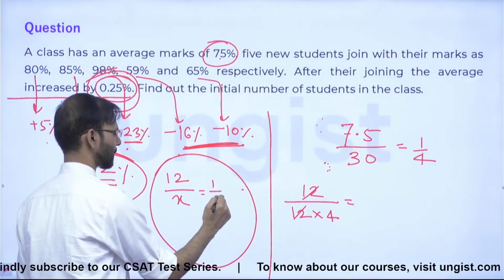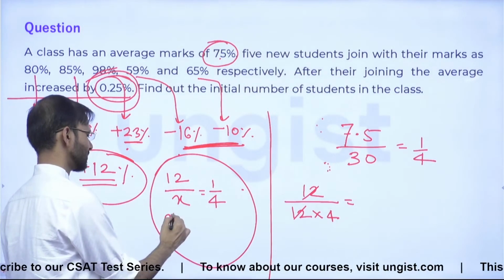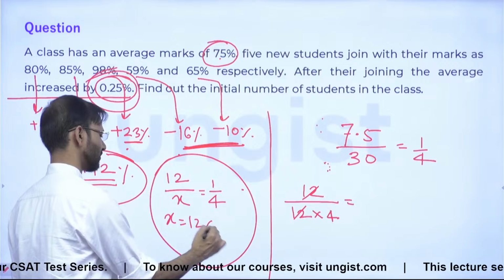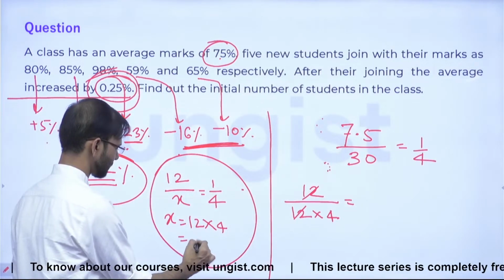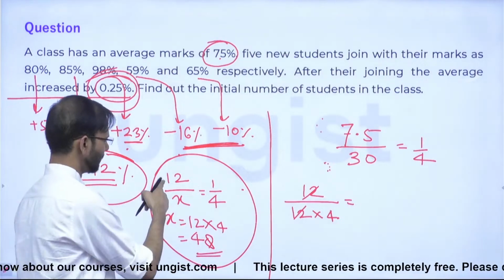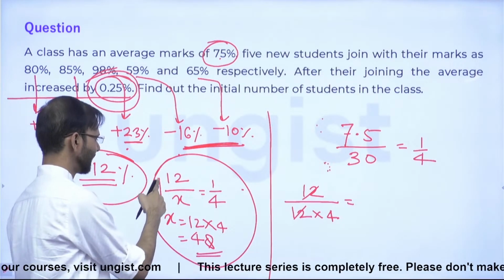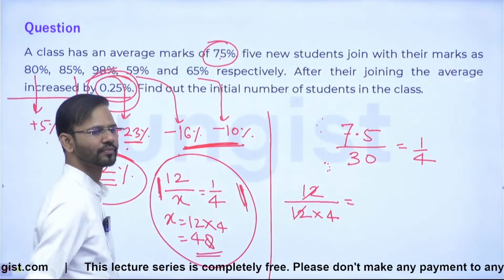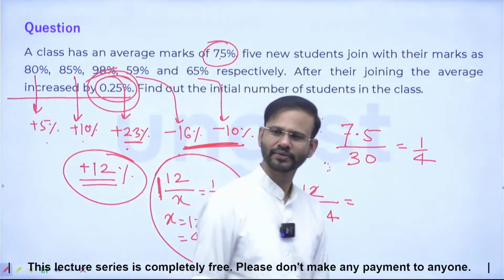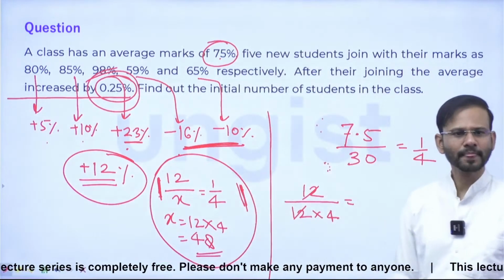Right? So X is equal to what? X is equal to 12 into 4, which is 48. 12 is getting distributed among X candidates such that each candidate is getting 1/4. Is it clear now?